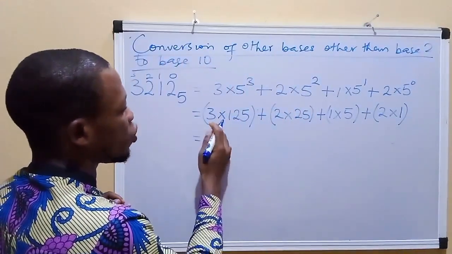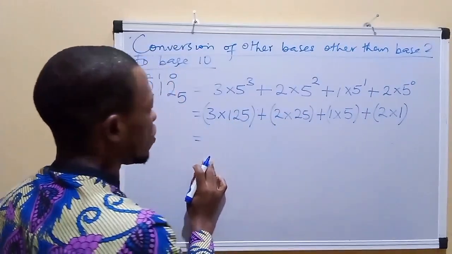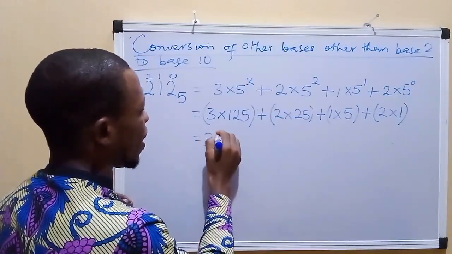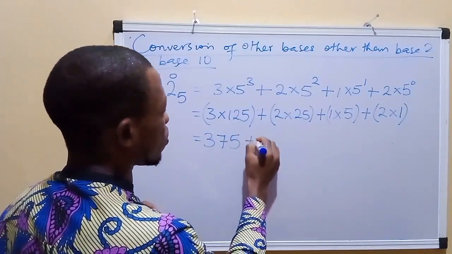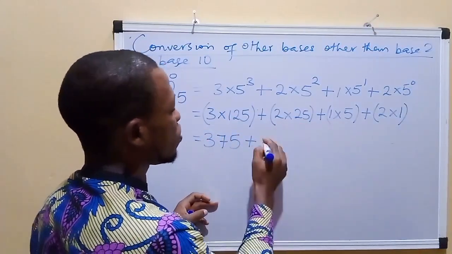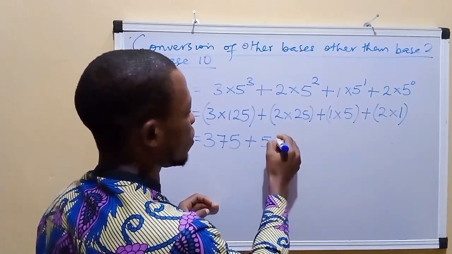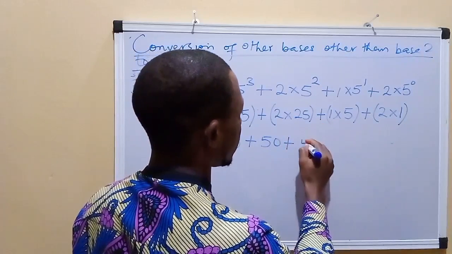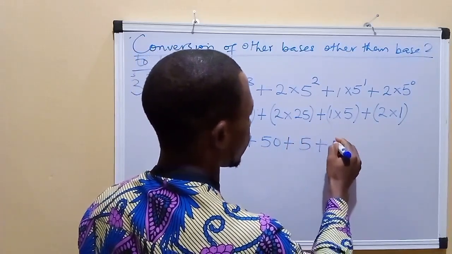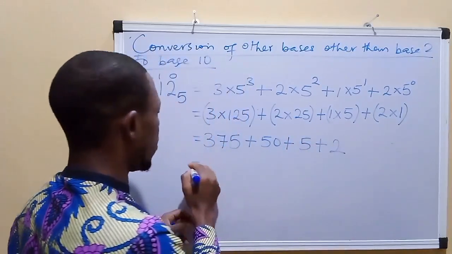Okay? Now 3 times 125 is going to give us 375, plus 2 times 25 gives us 50, plus 1 times 5 is 5, plus 2. Okay?